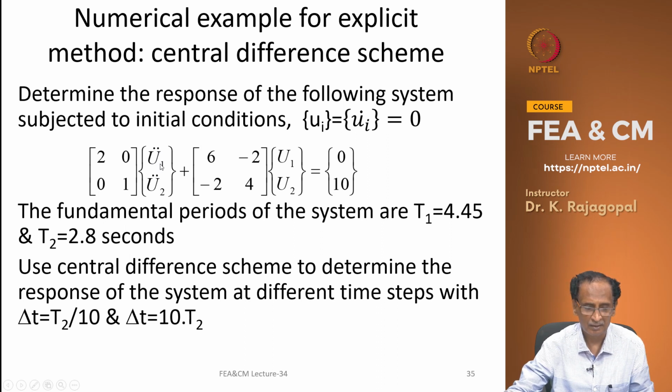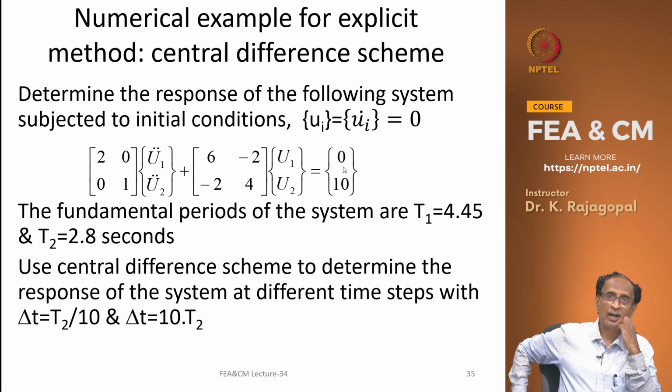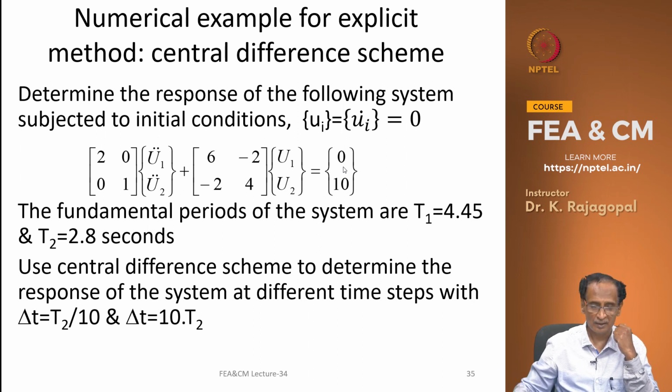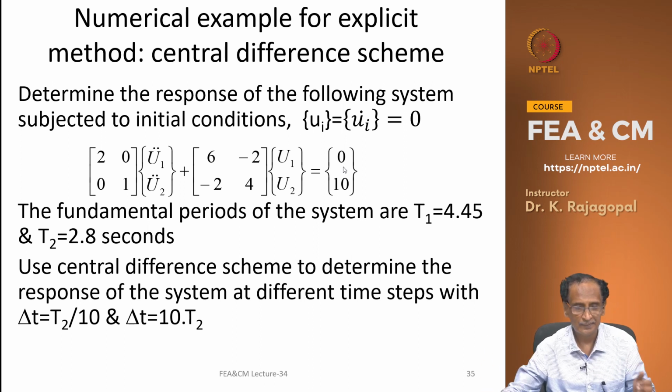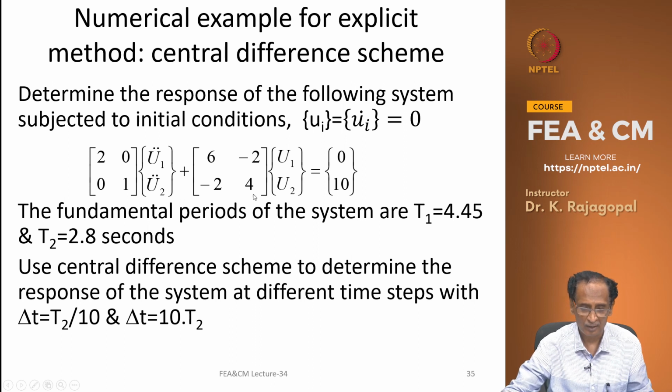The acceleration at degree of freedom 1, acceleration at degree of freedom 2, and then the stiffness matrix, the displacements u1 and u2, is subjected to instantaneous loading, and then we want to know what happens with time, what are the displacements and what are the other quantities. And there are 2 degrees of freedom, so we will have 2 fundamental periods. T1 is 4.45 and T2 is 2.8.